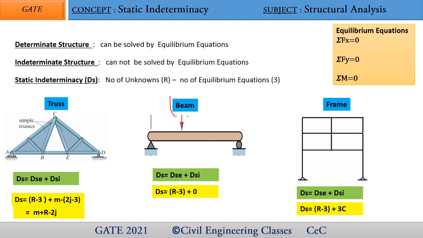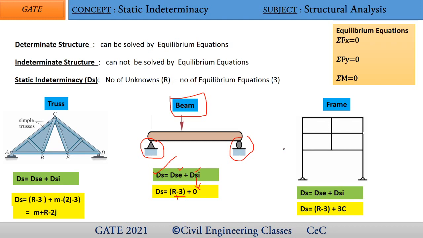So coming to the beam, generally a beam is subjected to some lateral loading, nothing but vertical loading. So for a beam, the total static indeterminacy is equal to external static indeterminacy plus internal static indeterminacy. This external static indeterminacy again depends upon the support reactions, which is equal to R minus 3, and internal static indeterminacy is actually 0 for the beam, because a beam is only one member.